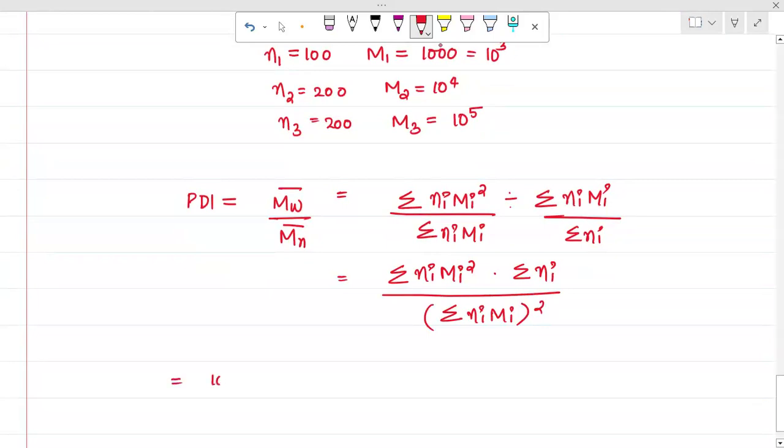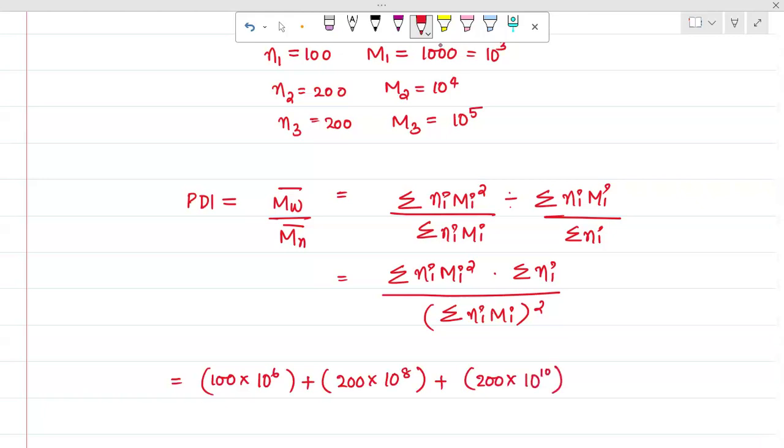Okay. 100 into 10 to the power 3 square, which is 10 to the power 6. Correct. Plus 200 into 10 to the power 4 square, which is 10 to the power 8. Plus 200 into 10 to the power 5 square, which is 10 to the power 10.